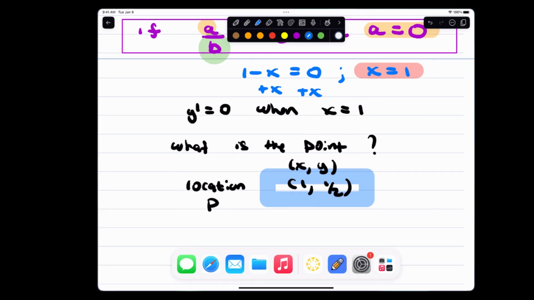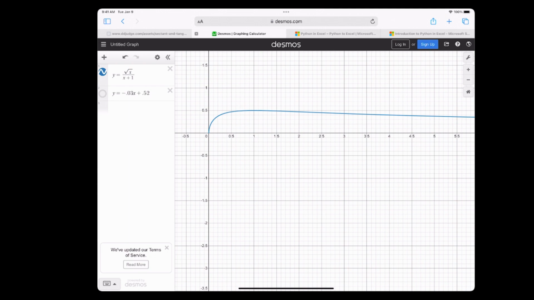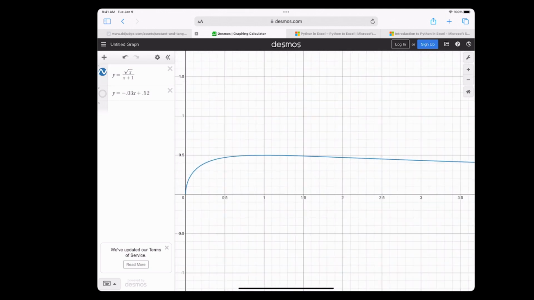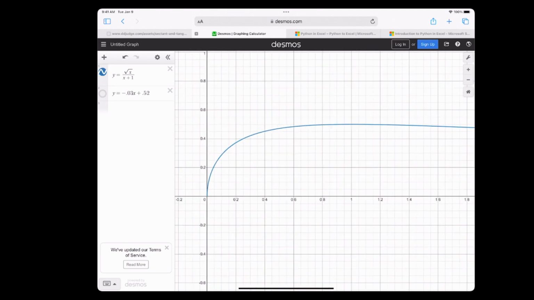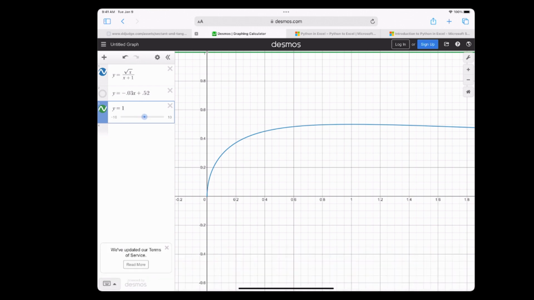Oh, okay. So (1, 1/2), you might say, well, what does that look like? Well, take a look right here, ladies and gentlemen. Let me share with you guys, if you take a closer look here, okay? At that point on the curve, you have a horizontal tangent. That corresponds to the line, by the way, y equals 1 in green. Uh-oh.